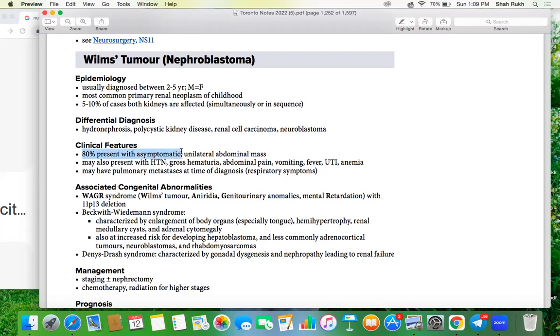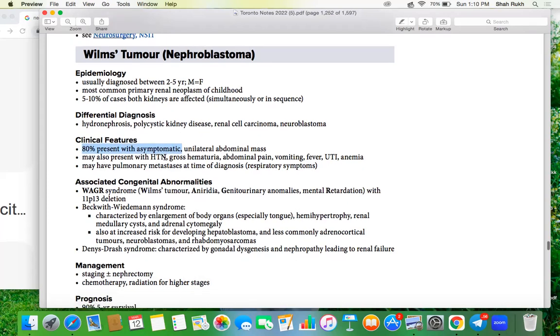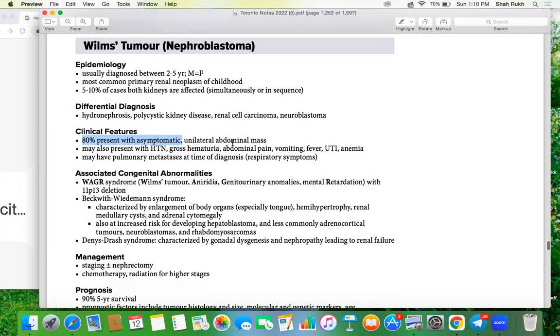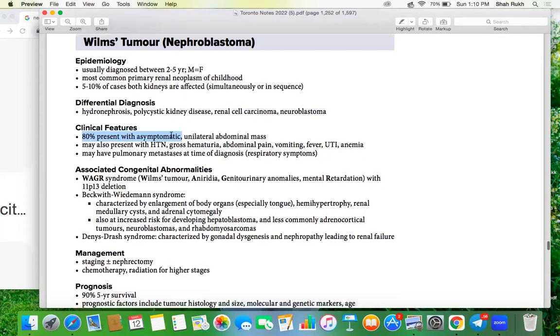That's why the mother noticed it and brought the baby: an asymptomatic, unilateral abdominal mass. It may present with hypertension, gross hematuria, abdominal pain, vomiting, fever, UTI, anemia. Keep all of these clinical features in the back of your head. You have to rule out Wilms tumor in a 2 to 5 year old.